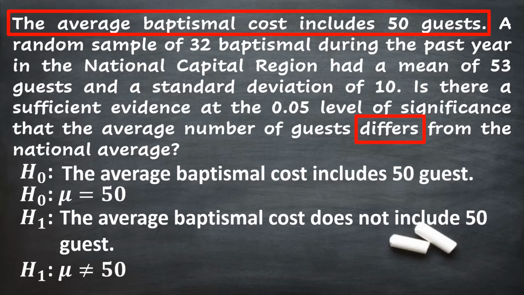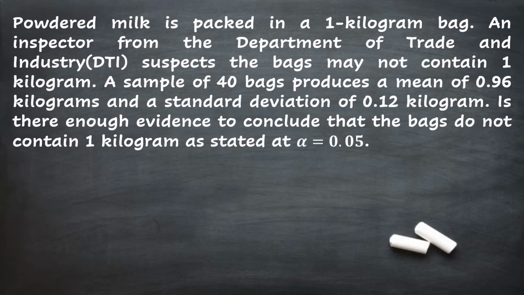And then for the alternative hypothesis, the mathematical sentence is the population mean is not equal to 50, because we use the term differs and the term differs represents the unequal symbol. We will do the same thing.